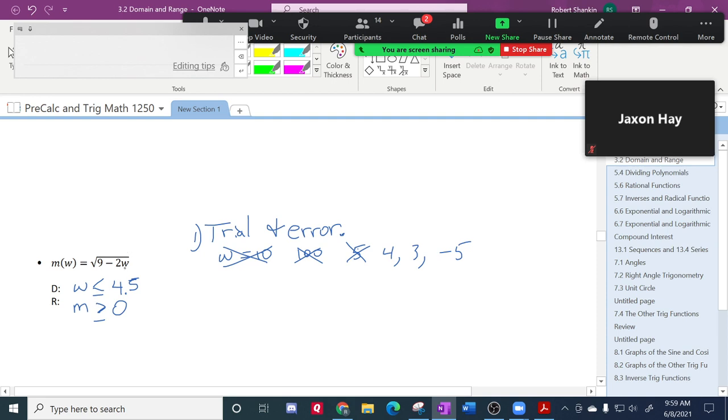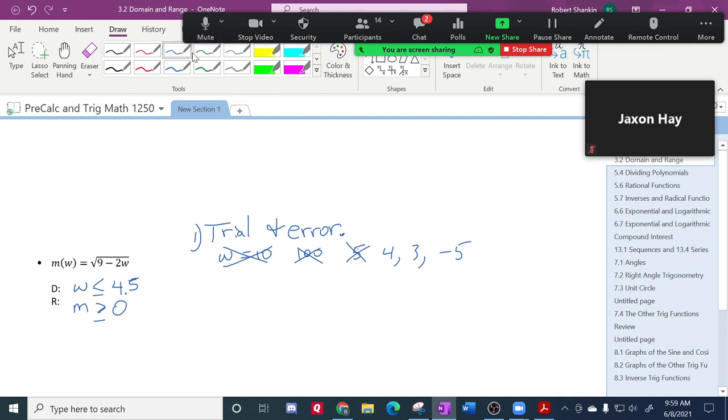So this is method number 1, trial and error. Method 2, create and solve an inequality.